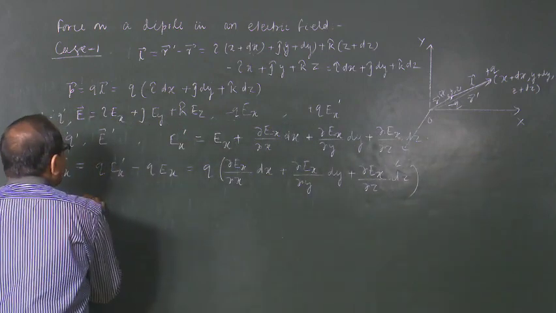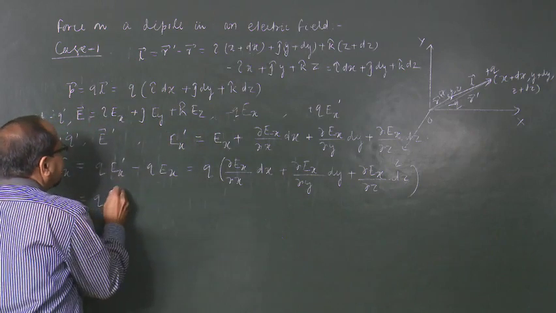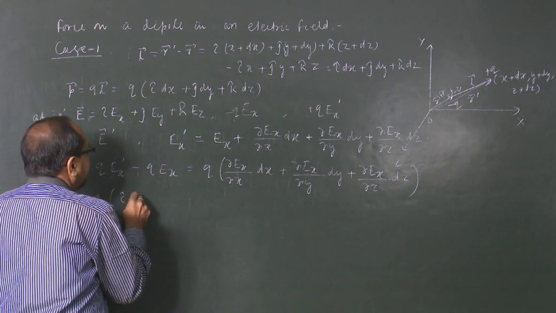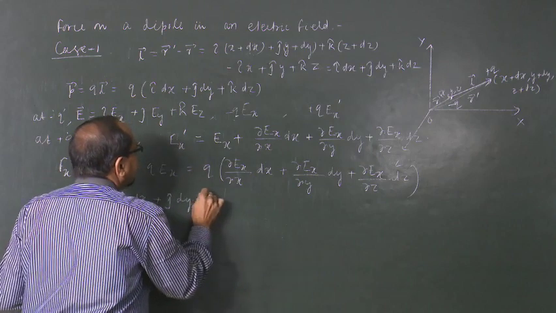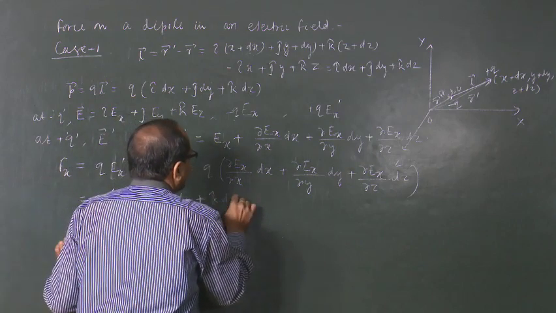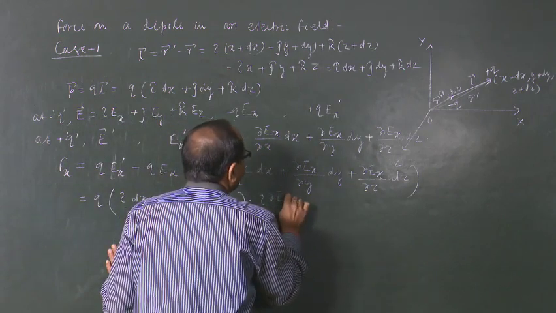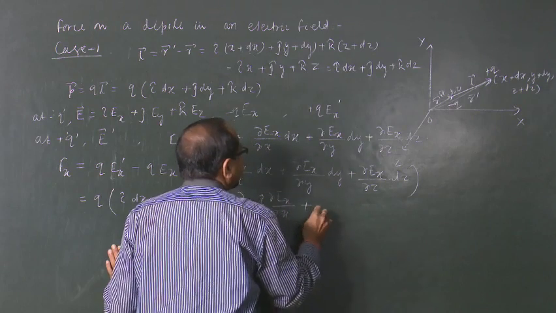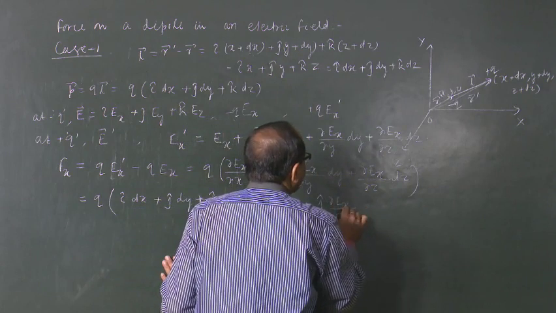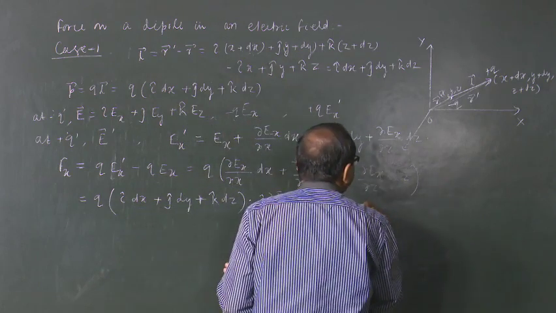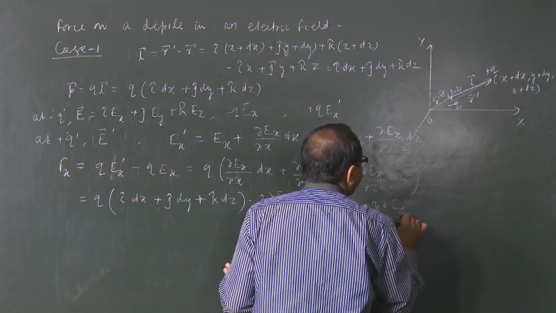Now, this term in the bracket, we can write as q into i cap dx plus j cap dy plus k cap dz, dot i cap del E x by del x plus j cap del E x by del y plus k cap del E x by del z.